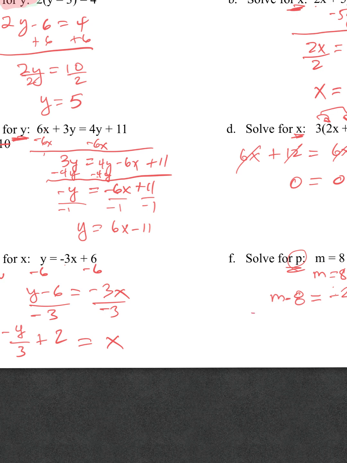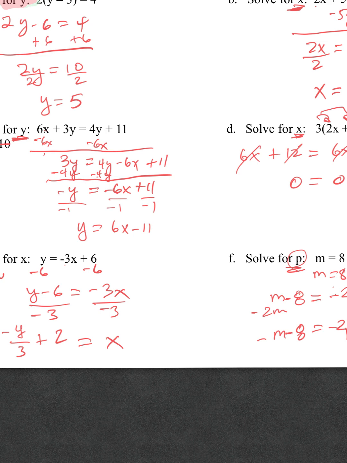The reason being that you have to keep it equal because of that equal sign. Whatever you do to one side, you have to do to the other side. Keeping that in mind as you do the process. So we get negative m minus 8 equals negative 2p, okay? P is not by itself yet because of the 2, so what's the last thing we did to p? Multiply by -2, that means we have to divide by -2. And remember, this is a minus 8.